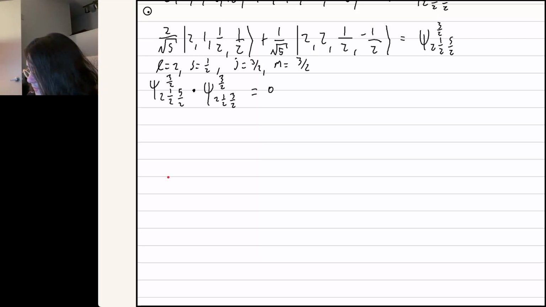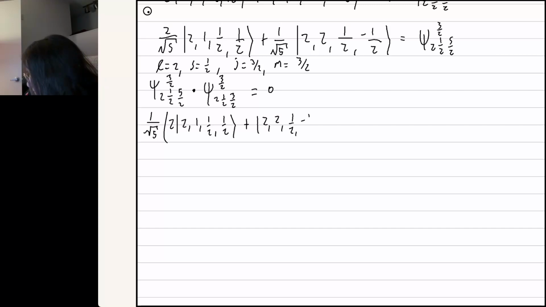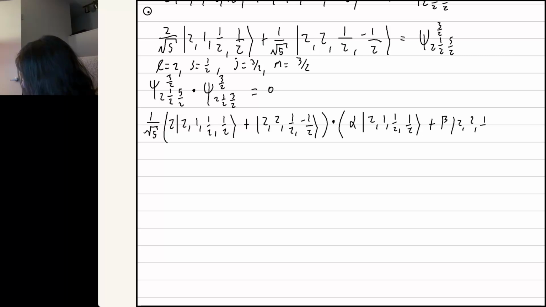So then when you do that, you're literally just going 1 over root 5 times |2, 2, 1, 1 half, 1 half, plus |2, 2, 1 half, minus 1 half, dotted with some constant alpha times |2, 1, 1 half, 1 half, plus some constant beta, |2, 2, 1 half, minus 1 half, equals 0.